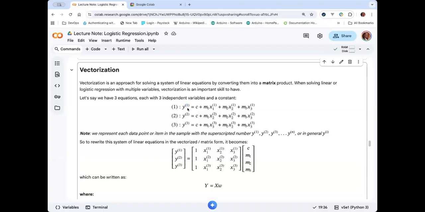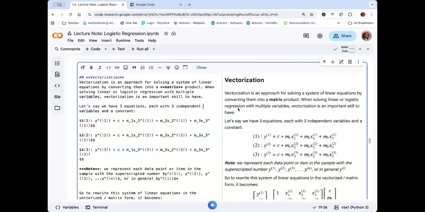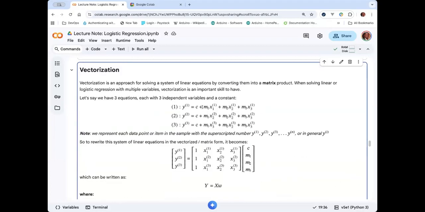But for each of these data points, you have a linear equation, which is a combination of three independent variables, each of them with their own coefficient or parameter, and then the constant, or what we call the intercept, or the bias, whichever one we want.